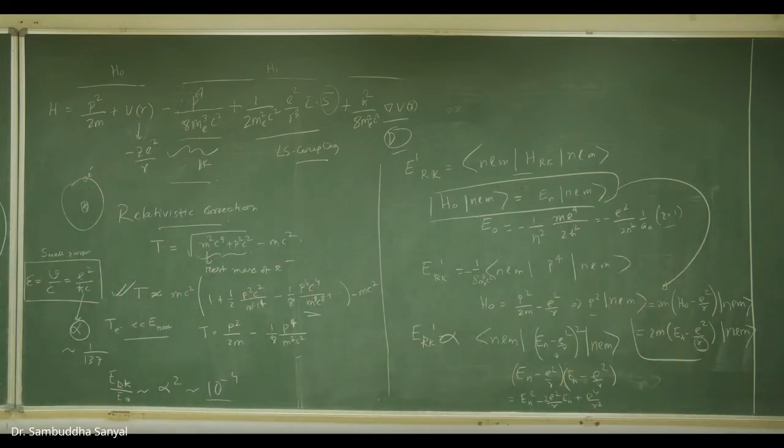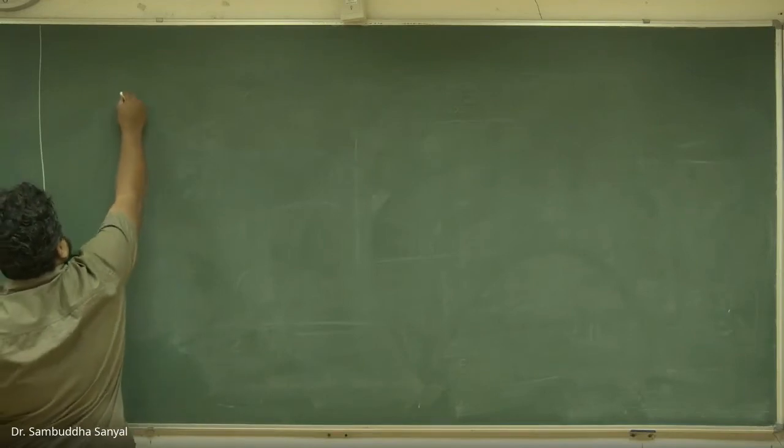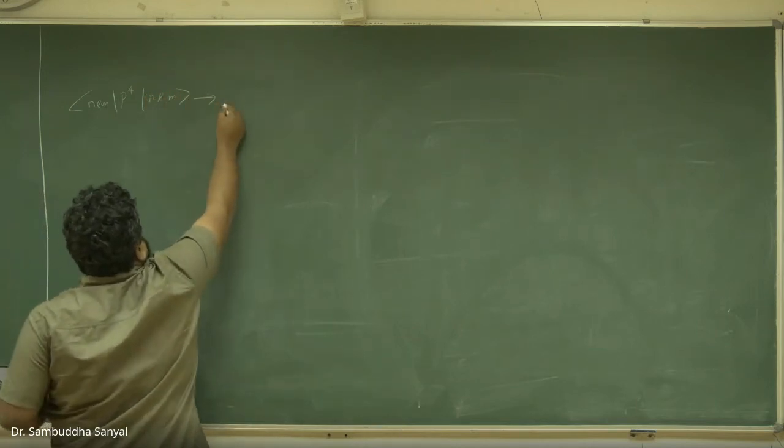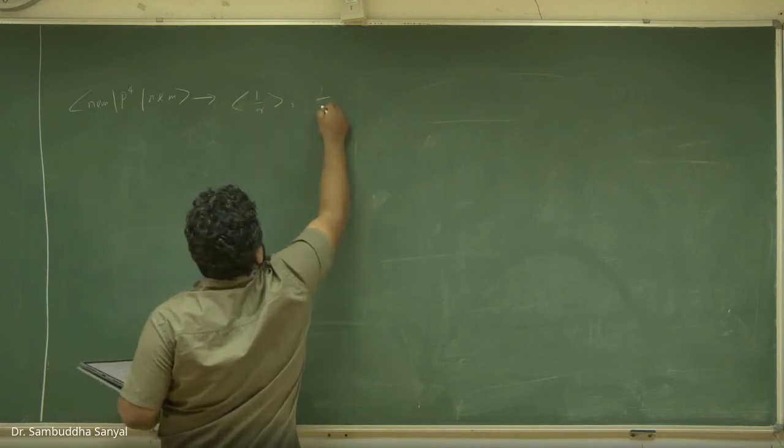So let me write it on this side. So the job of calculating p to the power 4 has now reduced to calculating a 1 by r expectation and a 1 by r square expectation.